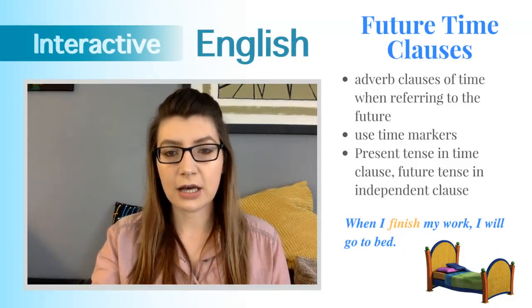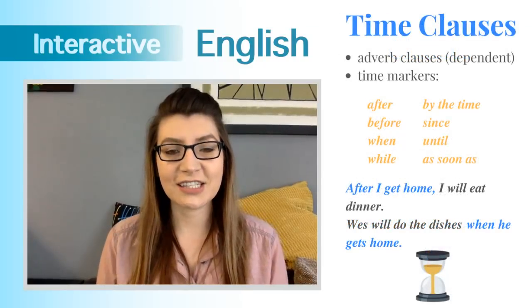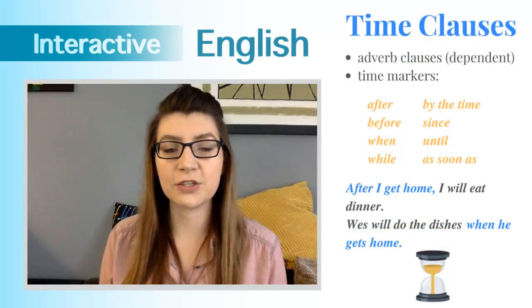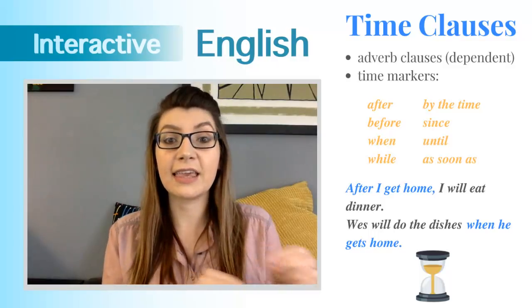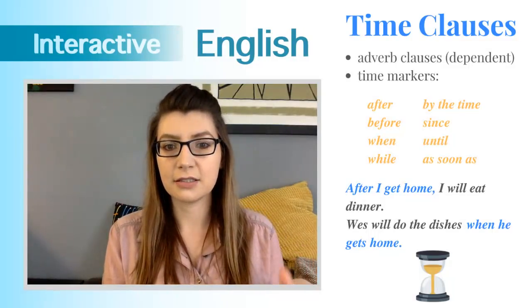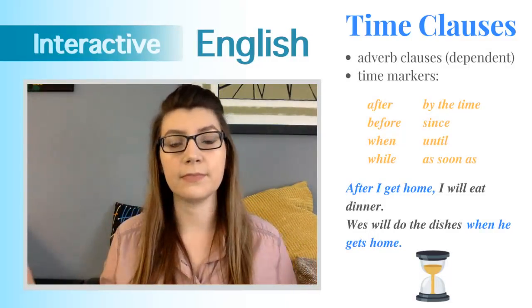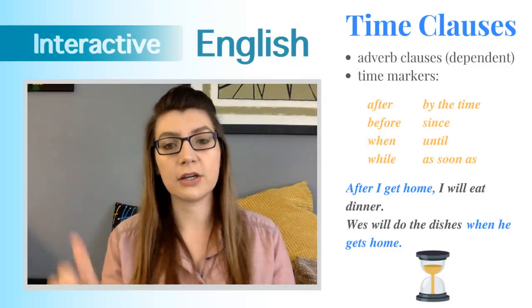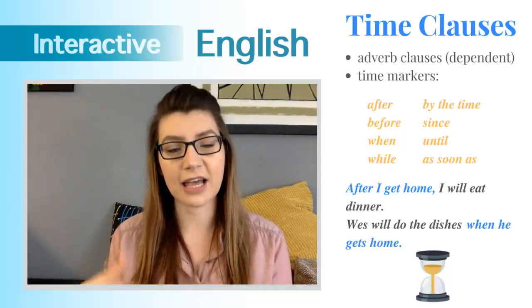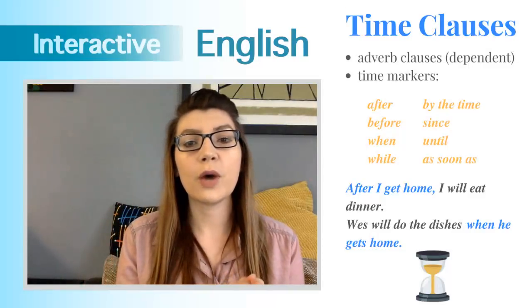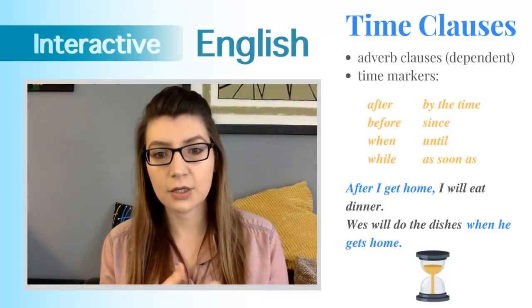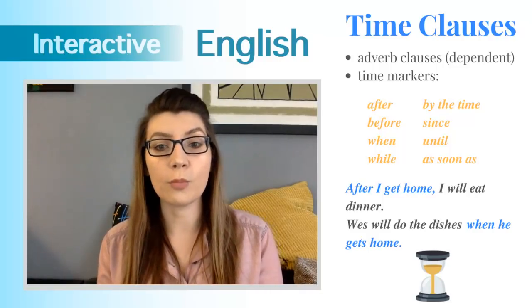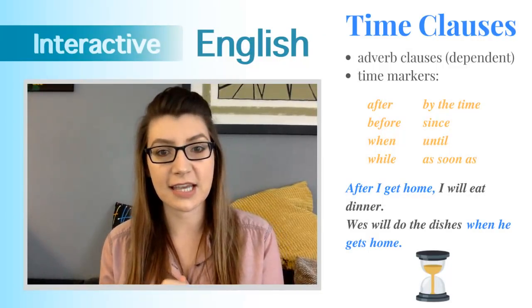So, as you can see here, back to my two sentences, we have after I get home, present tense. Not after I will get home. Incorrect. After I get home, I will eat dinner. The independent clause still has to have the future. Wes will do the dishes when he gets home. So gets is in the present tense.